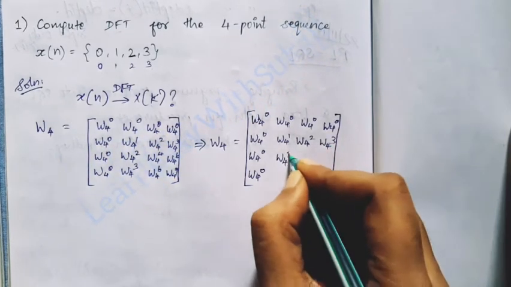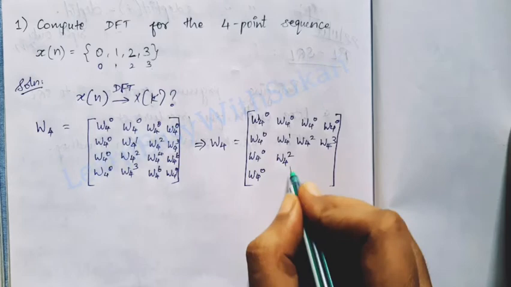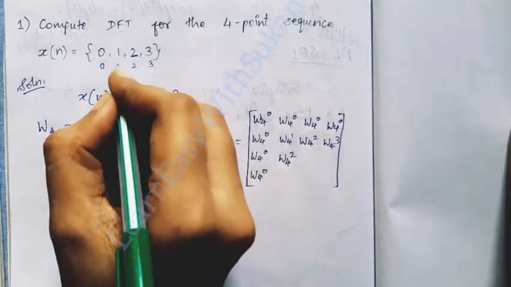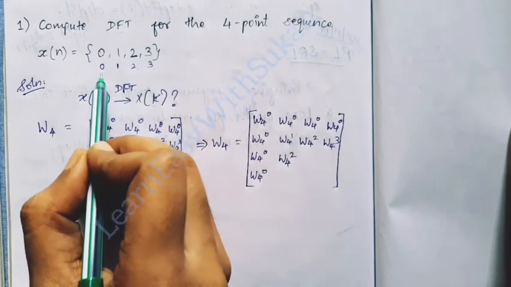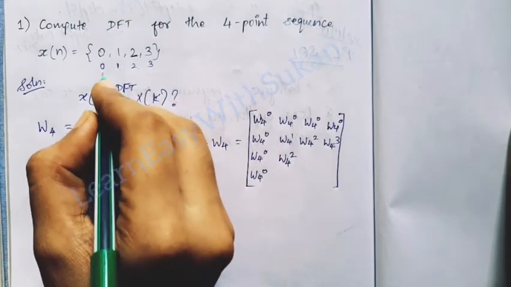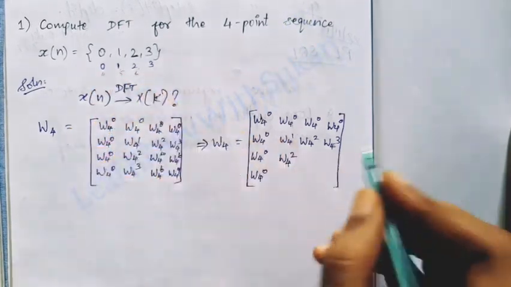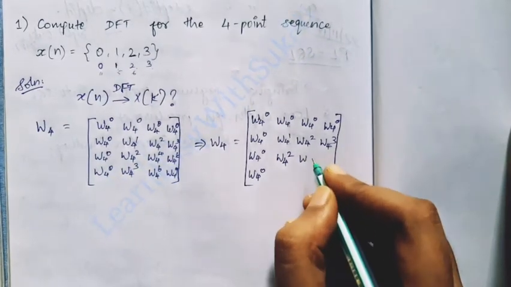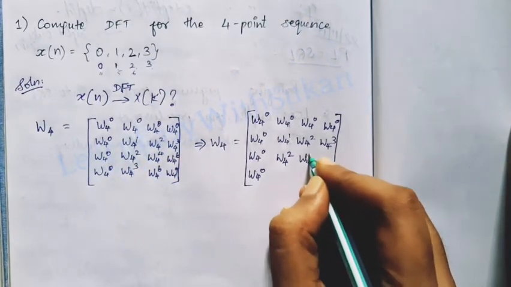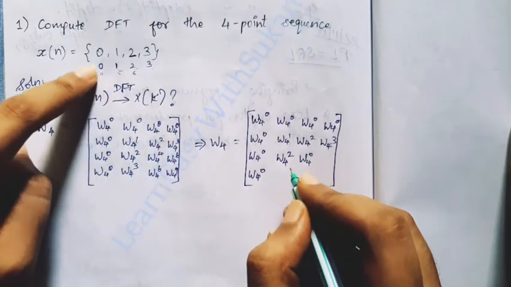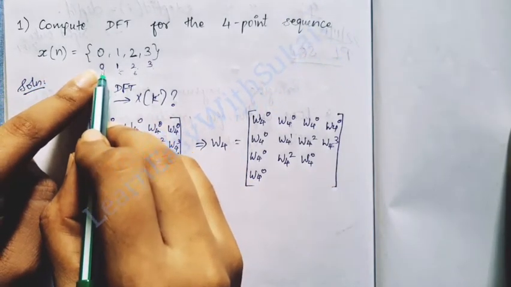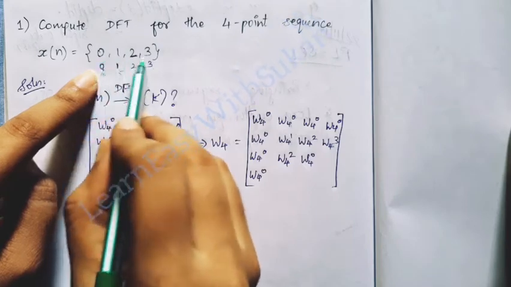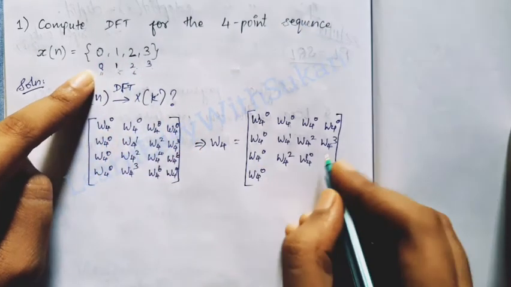This also, the first one, 2, will remain the same. For 4, see friends, we have to count like this: 0, 1, 2, 3 and 4 will again come here, 4, 5, 6, 7, it goes on. So what will come here? Here it is 0, since straight to 4 we have the number 0. This one you have to consider, not the elements, the sample numbers.